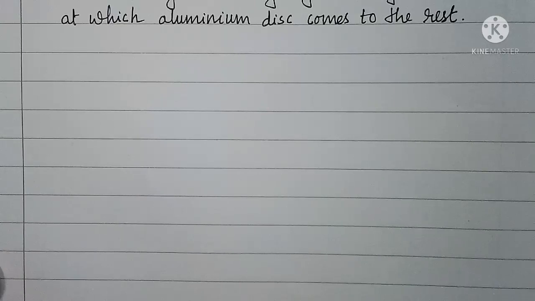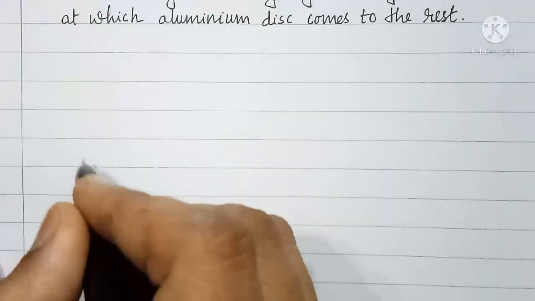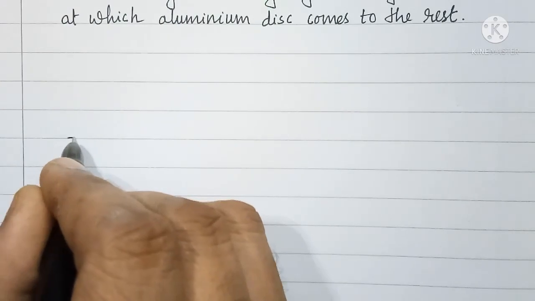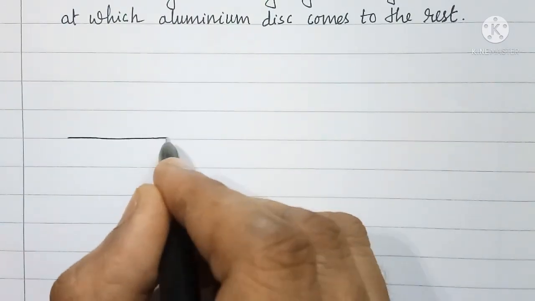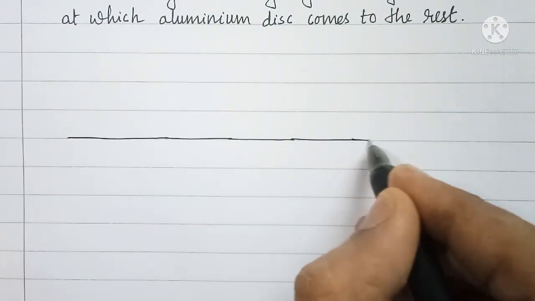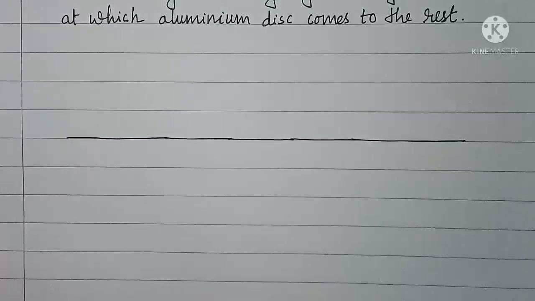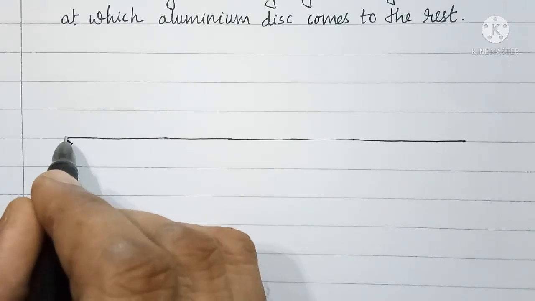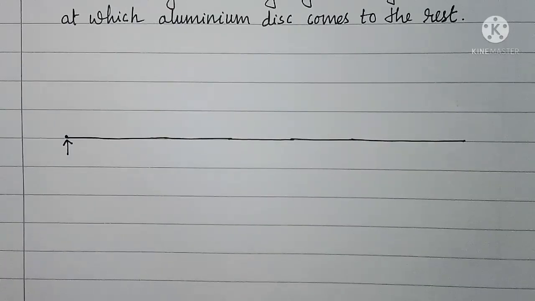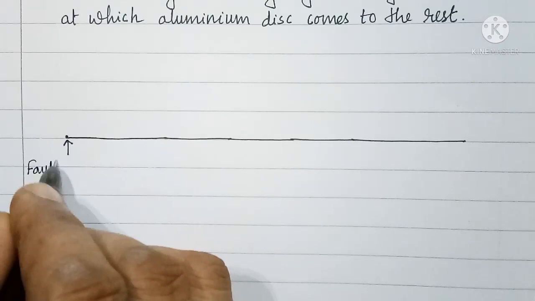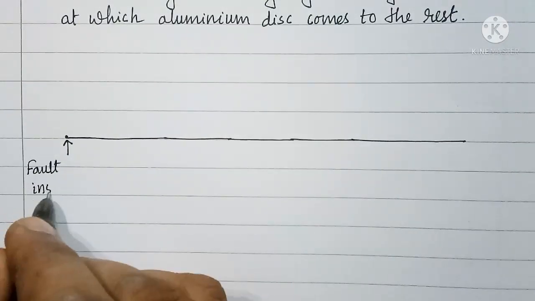Now to understand the time setting of relay, let us consider a time axis here. Say this is the time axis. And say at this instant a fault occurs on the system. We'll call it the fault instant.